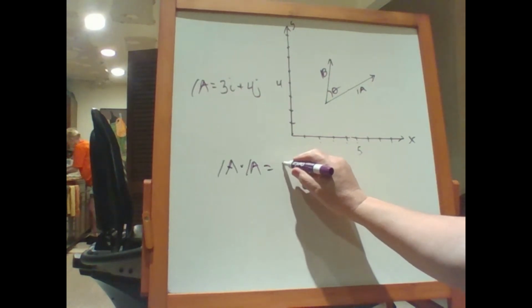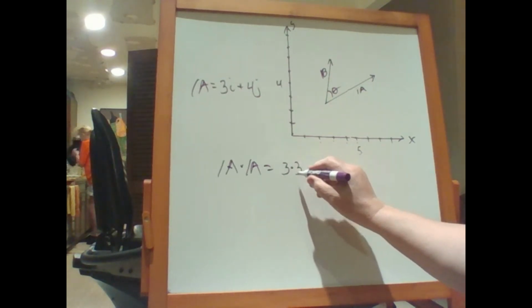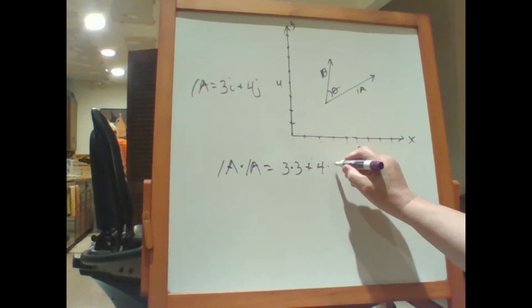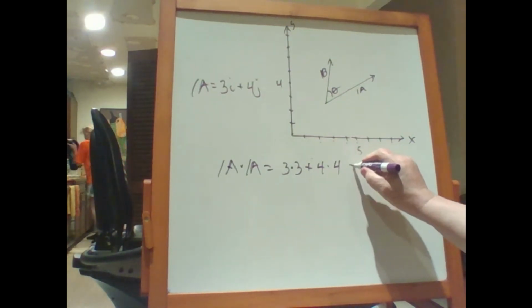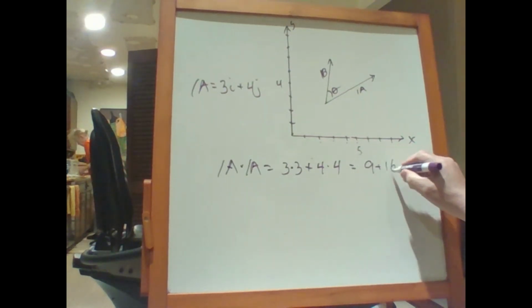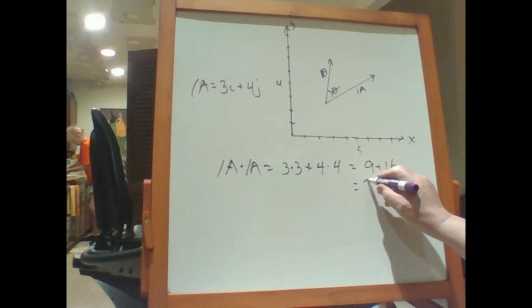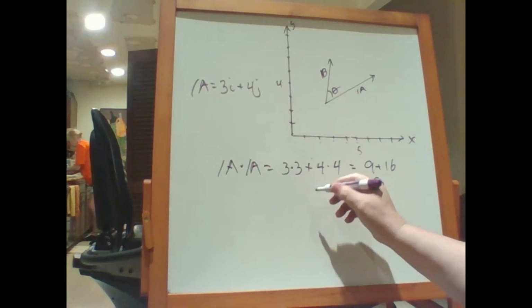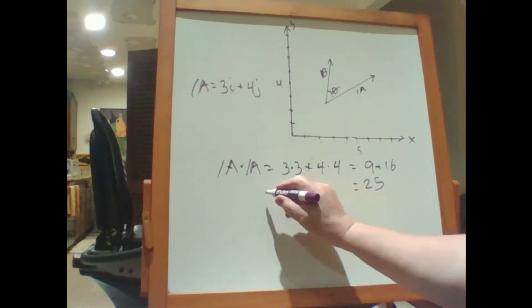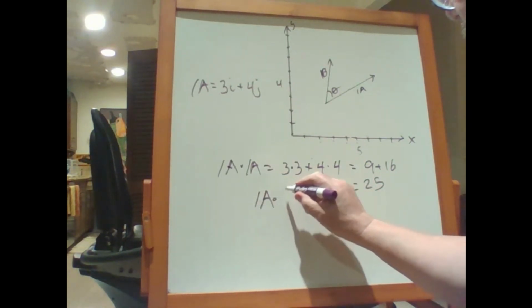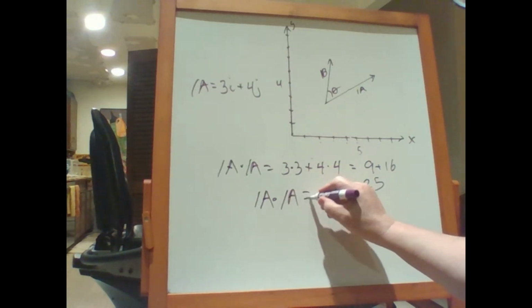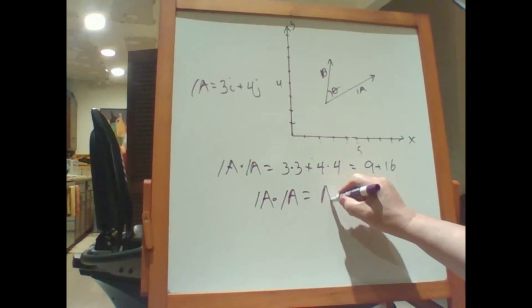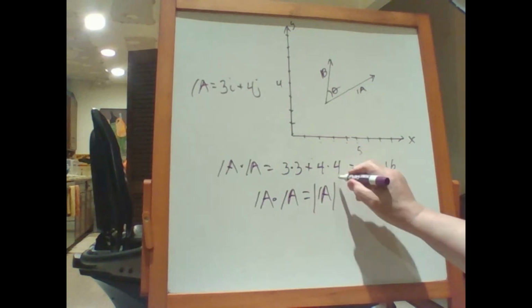We have 3 times 3 plus 4 times 4, and that's equal to 9 plus 16. That's equal to 25. So A dot A is almost like the magnitude of A squared.